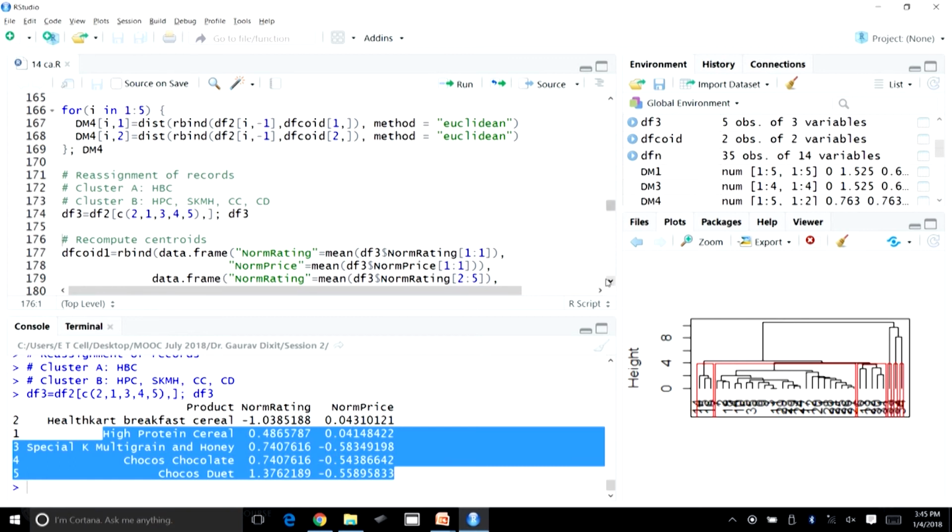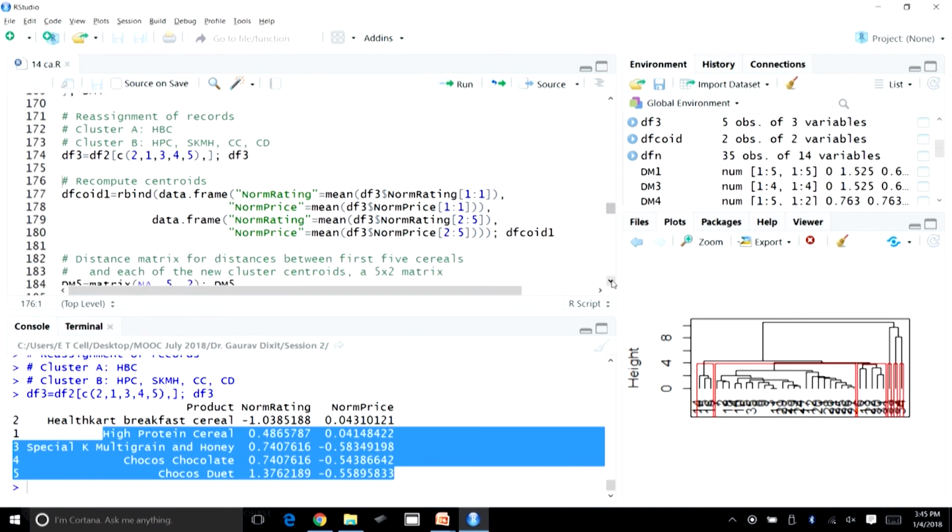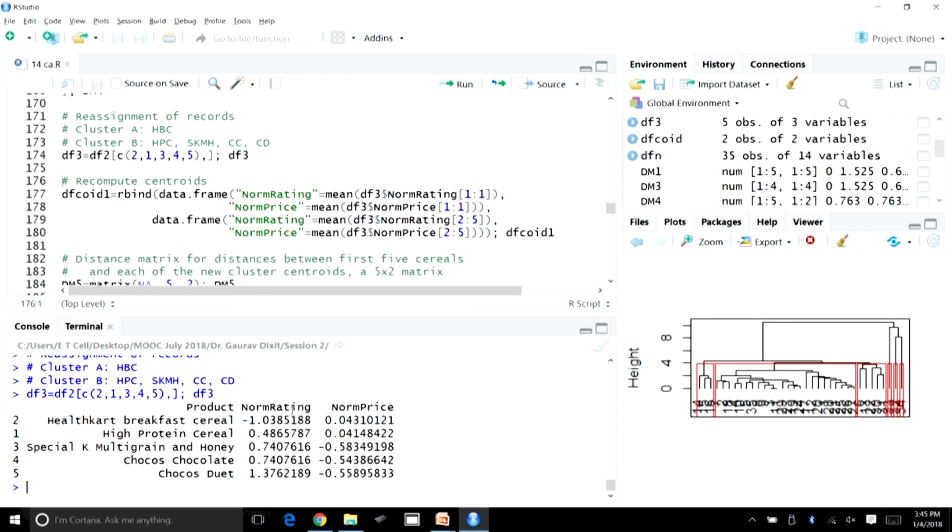Now what we can do is recompute the cluster centroids, as per the algorithm that we have discussed. We are going to recompute the new cluster centroids. Here again you can see in the code, for the first cluster we have just one observation.